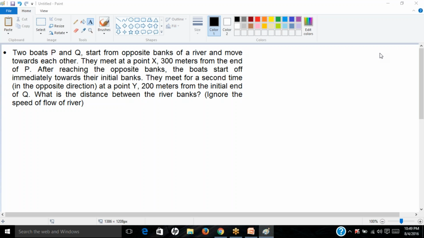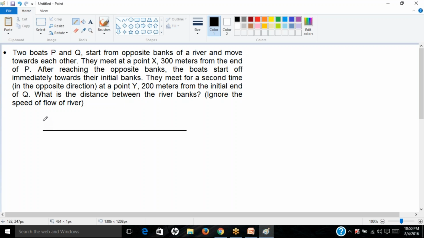Rudra, 700, good. Okay, so your one minute is almost up. Let's see the solution, okay? We are going to use whatever we have learned till now. Nothing special in the question.